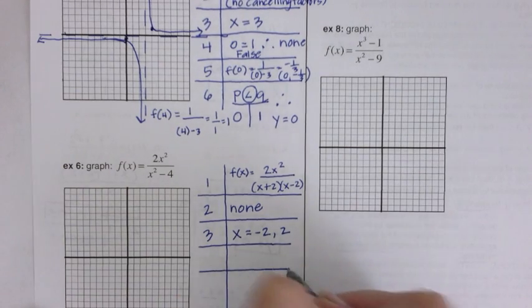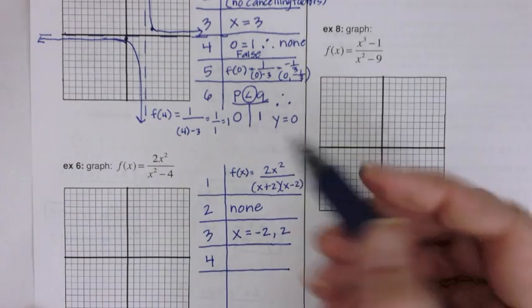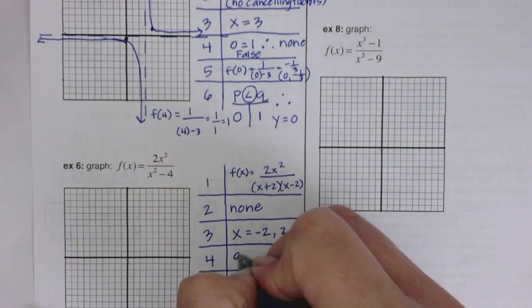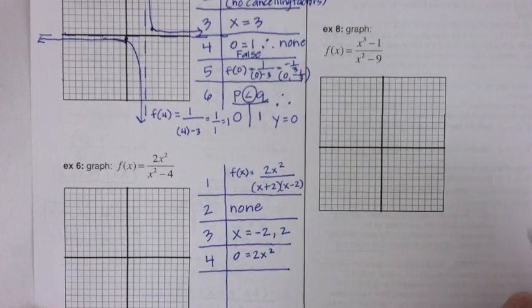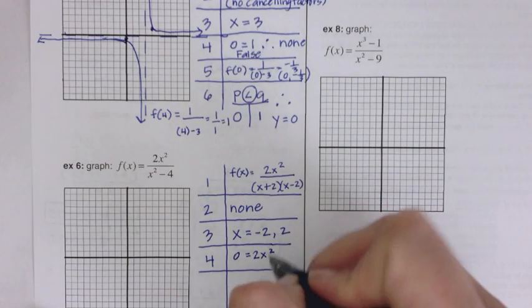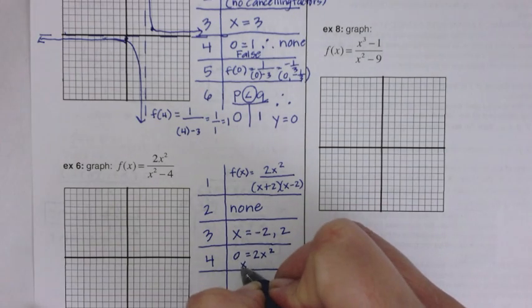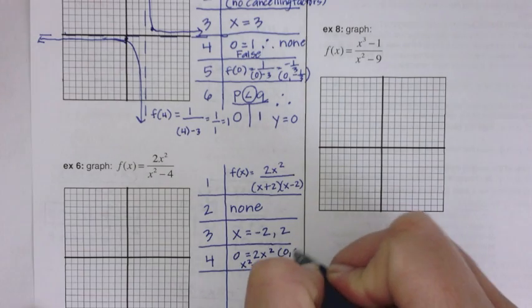Step 4, I find my x-intercepts, so those are the non-canceling factors left in the numerator. I set just the numerator equal to 0, and solving this I get x squared equals 0, so x equals 0. So 0, 0 is the x-intercept.